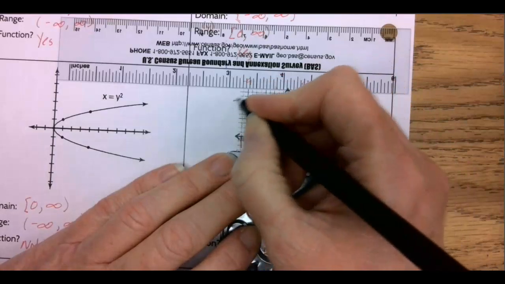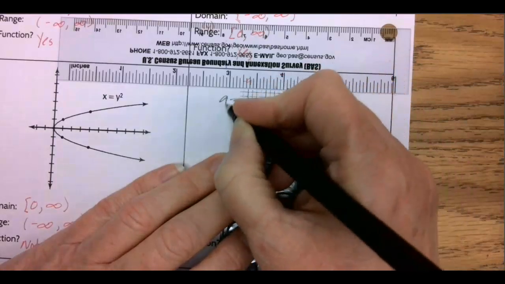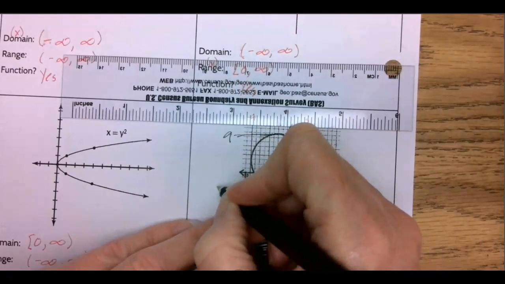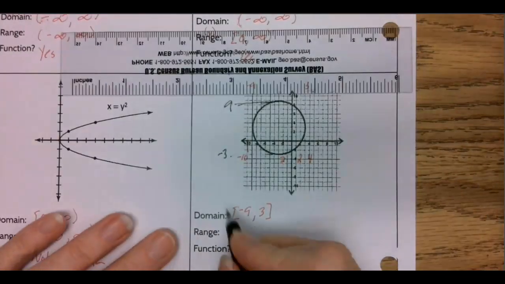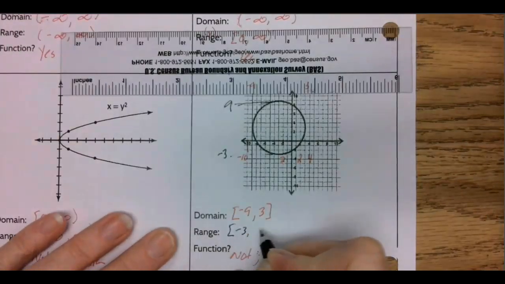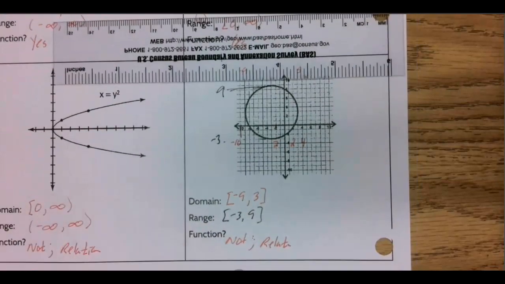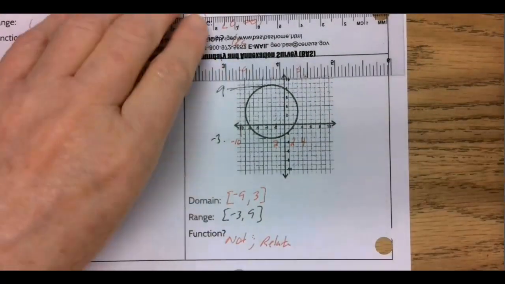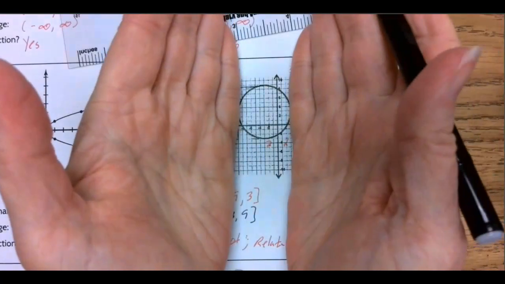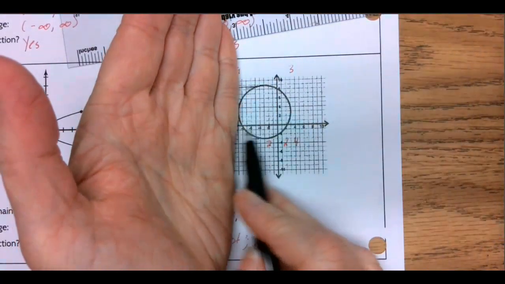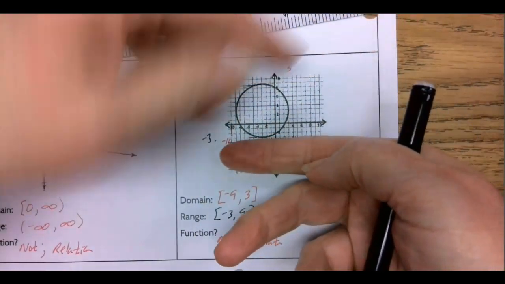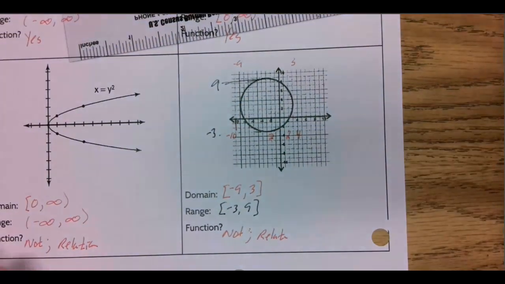So see how this one goes, here's 9, here's -3. So it goes from -3 to 9. Okay? So that's what you want to do: for x values you want to look from here to here on the x-axis. For y, I want to go from here to here. Okay? Good.